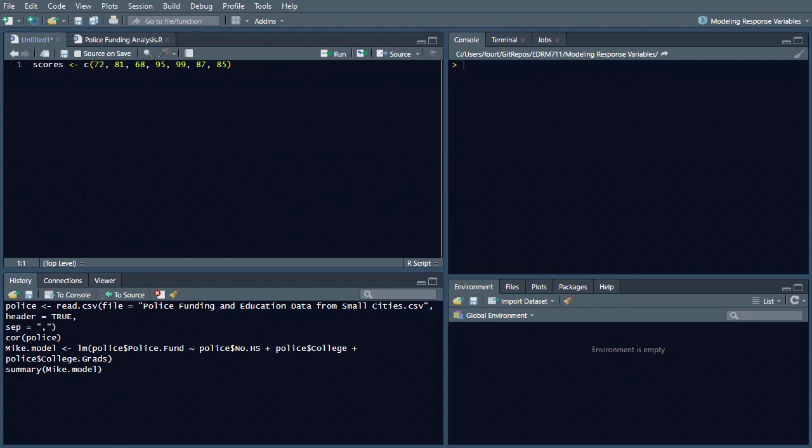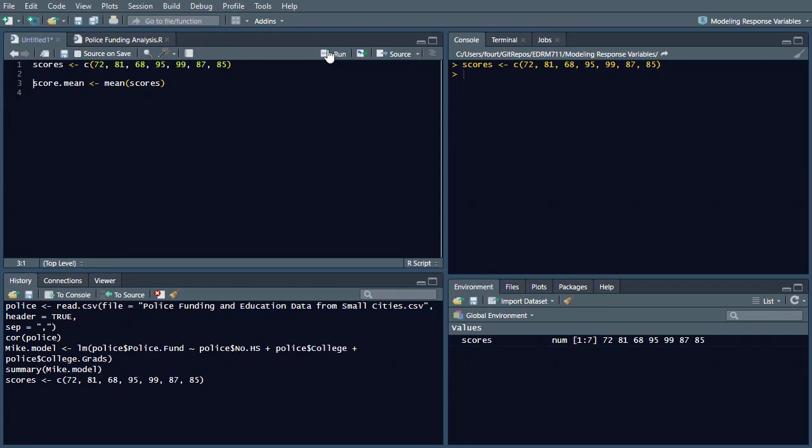Remember that when we talked about variability when we were first learning about it, we started with deviations from the mean. So we have a mean of these scores. And let me go ahead and run these to create these objects. So down in here in the environment, you can see our scores, and you can see the score mean is 83.9.